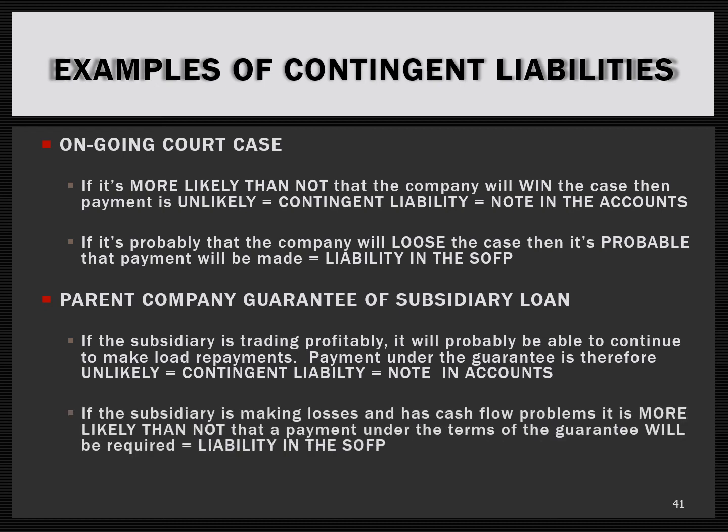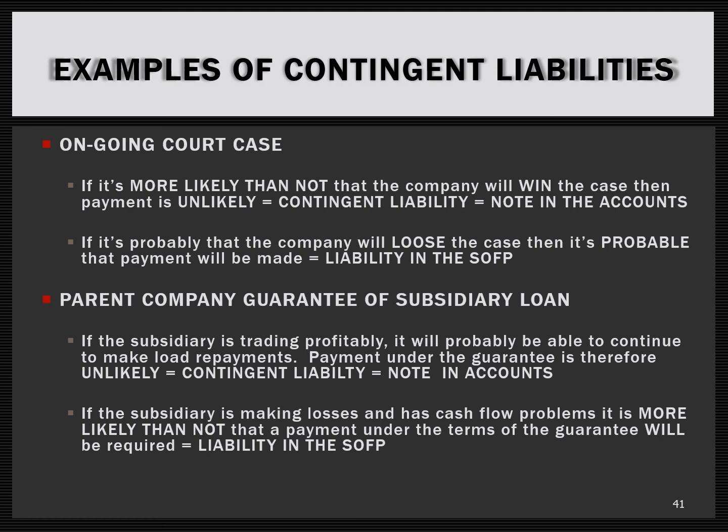If, however, the subsidiary is making losses, it's got cash flow problems, then it's more likely than not that the parent company will have to make a payment under the terms of that guarantee. And in this case, if it's probable that there will be an outflow of economic benefits, we must include it as a liability in the balance sheet.